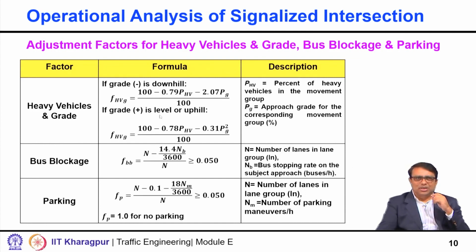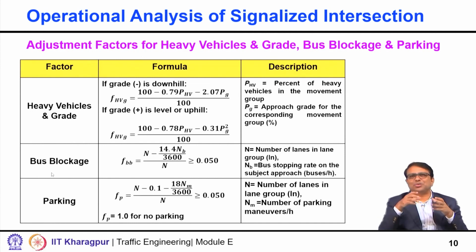So, what is the grade? Positive or negative? If it is negative or downhill, we will use the first equation. If it is positive, with that plus value, we will go to the second equation, and then the percentage of heavy vehicles and what the grade is. Now, what is bus blockage?